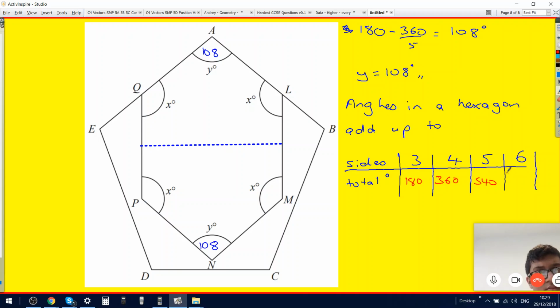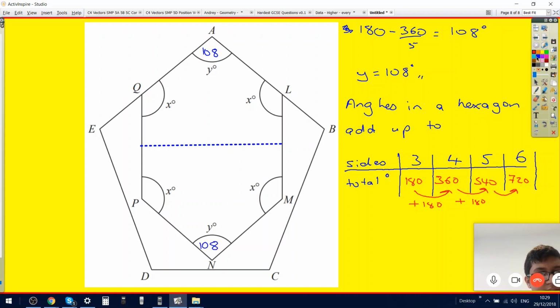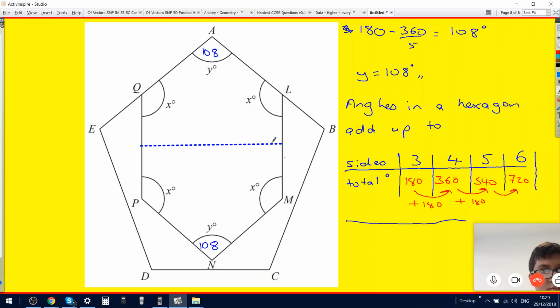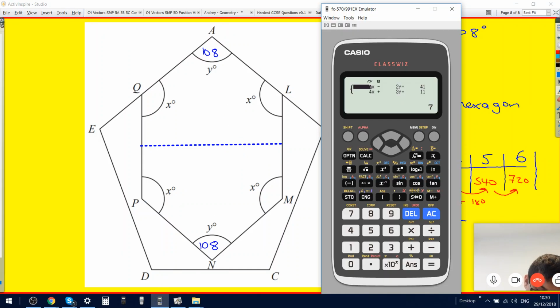No. The sides are going up, but you add 180. So that would be 720. So 6 sides is 720. That's just my way of doing the n minus 2 rule. I can never remember that rule. So it's 720. Where's my calculator gone?